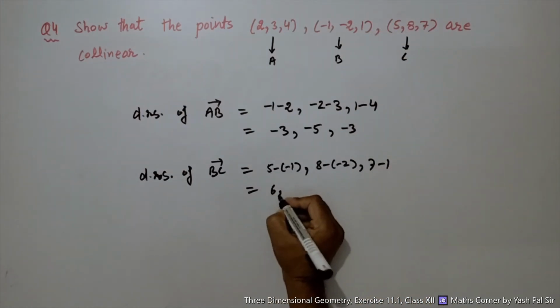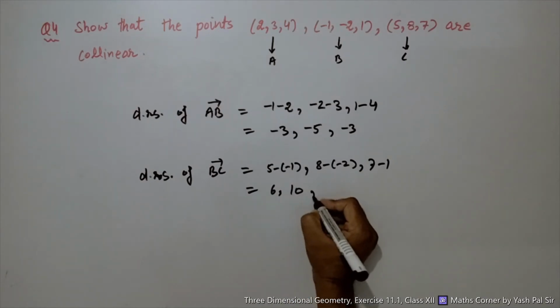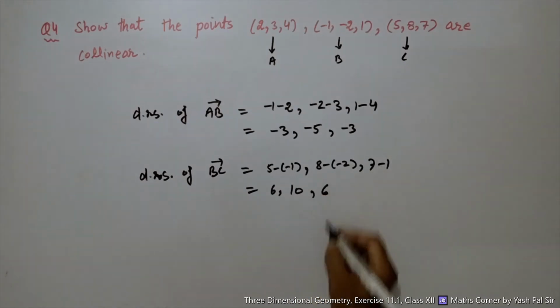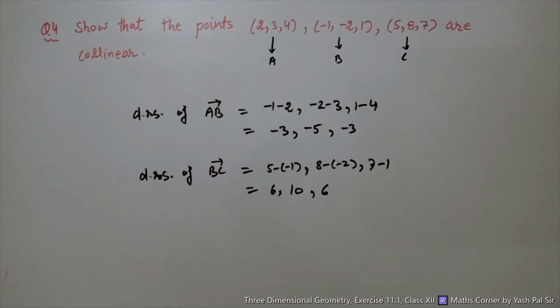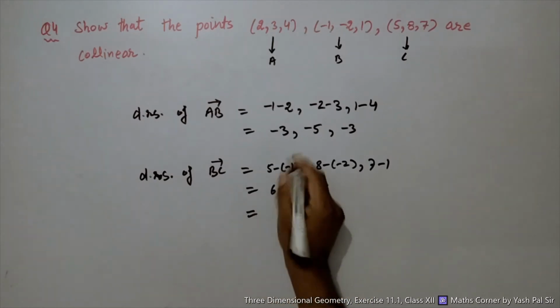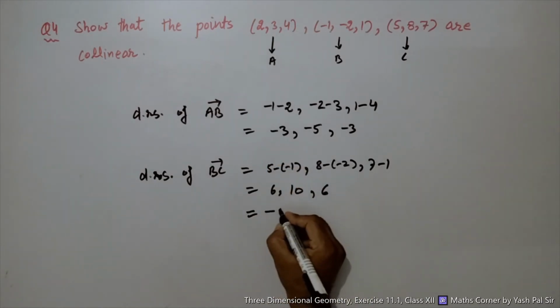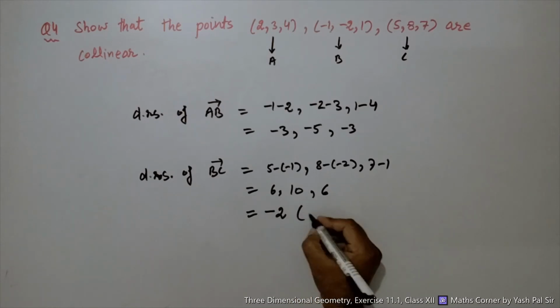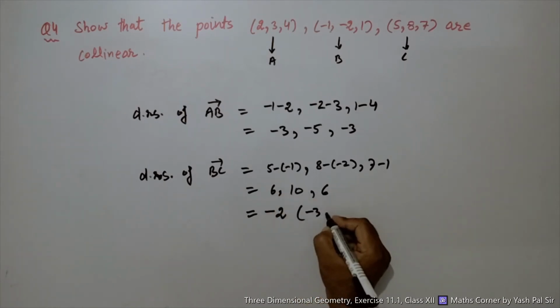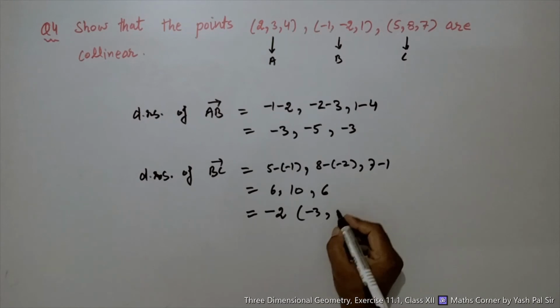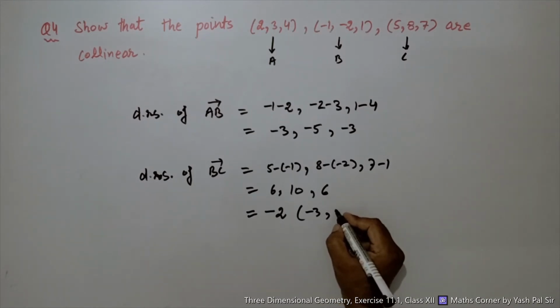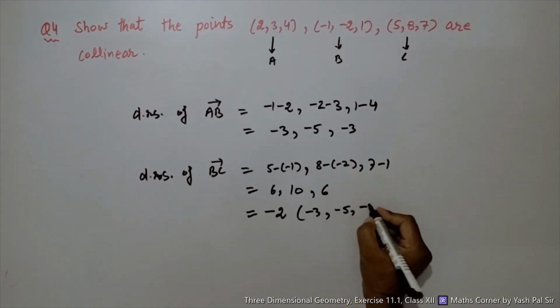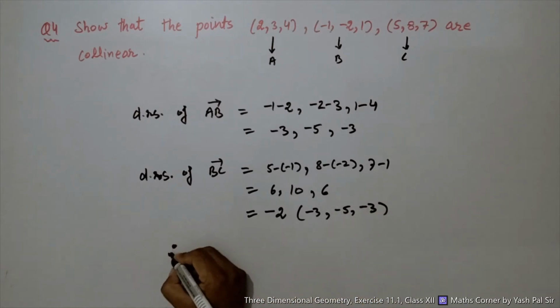So this becomes 6, 10, 6. So what is this? Taking -2 common, we have -3, -5, -3.